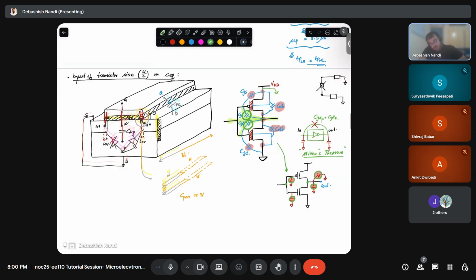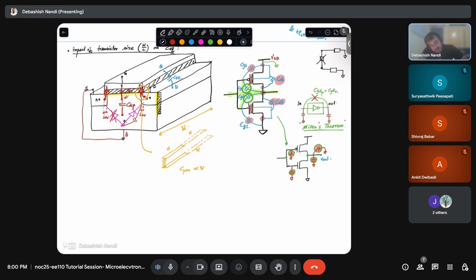Okay. So now if I again draw an equivalent, what will I have? I will have some input capacitance here, some output capacitance here, and I also had my load capacitance, right?